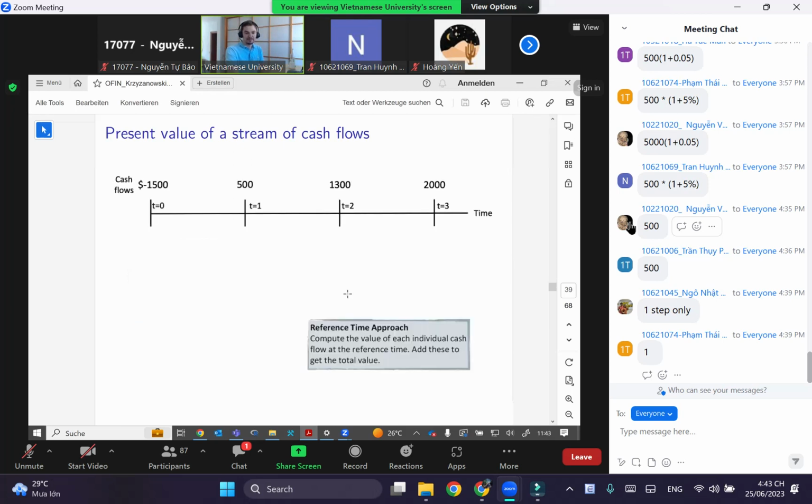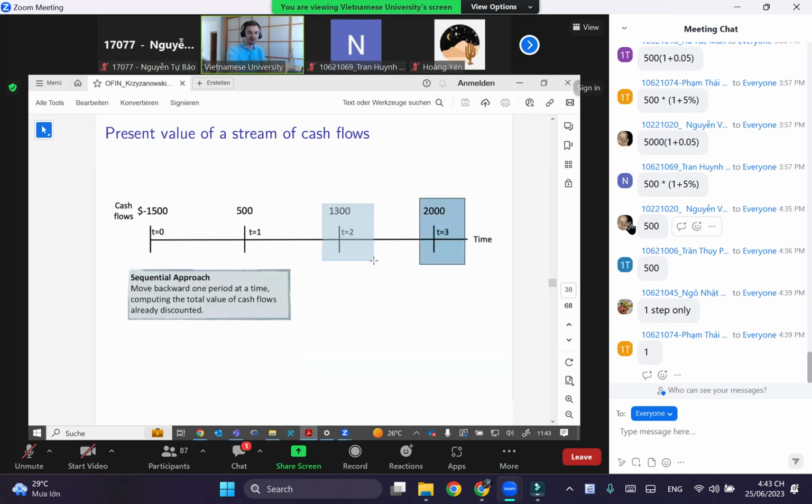What we did here was, again, we started with this reference time approach. We took for each period the reference time and then went back to the present value in order to calculate the present value of each respective cash flow component.